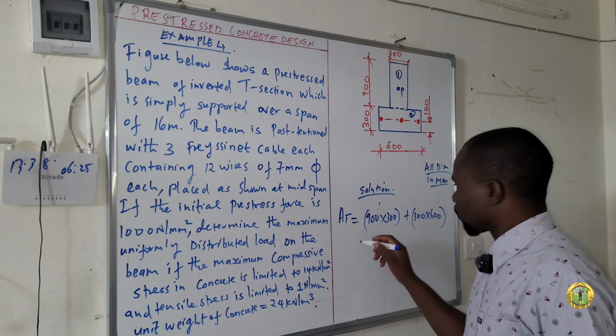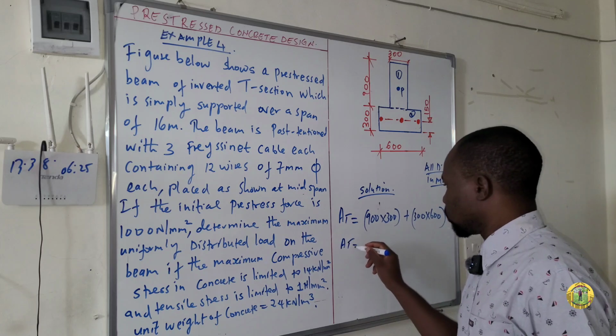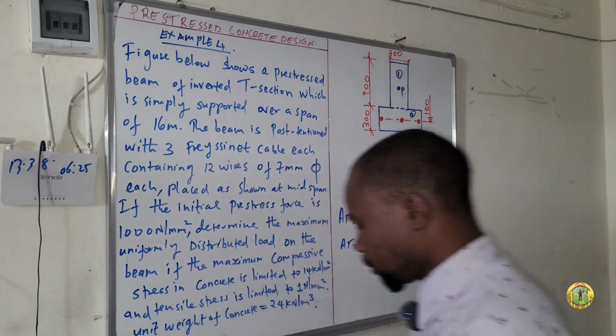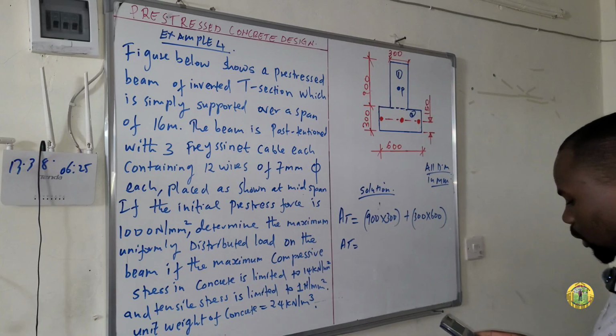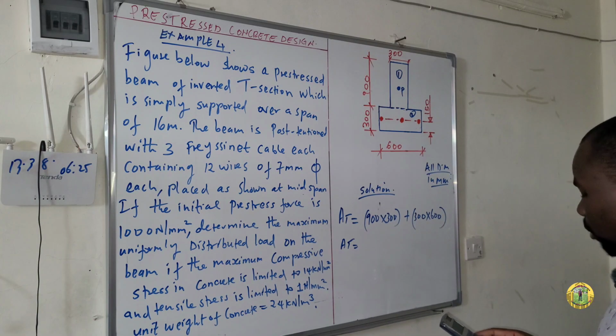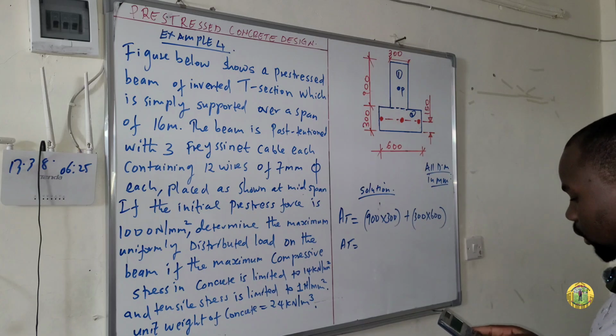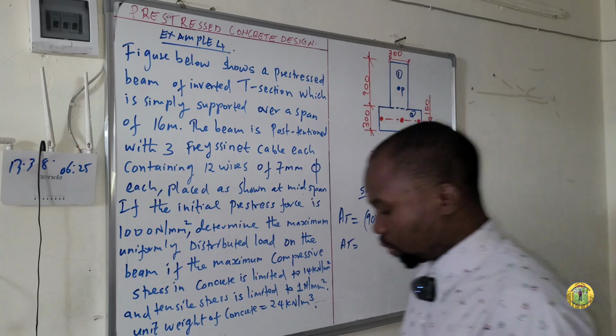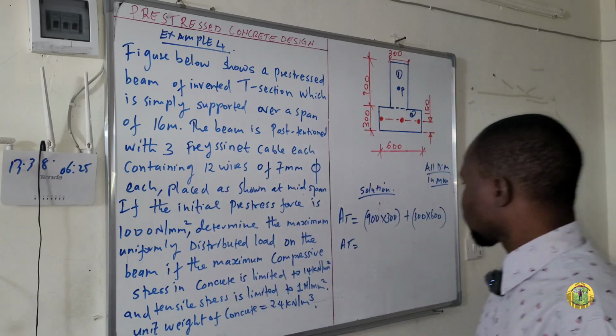So let's carry out the operation: 900 times 300 plus 300 times 600 gives 450,000.